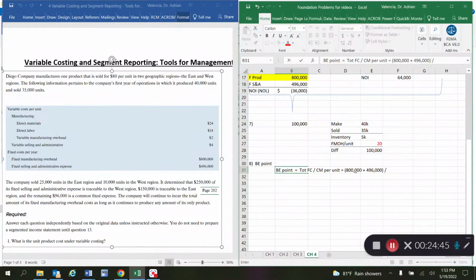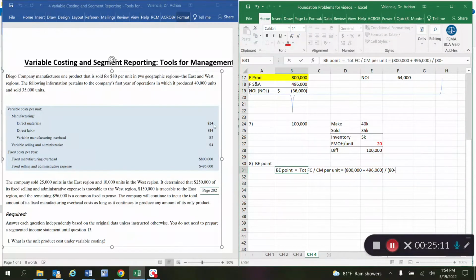And that'll be divided by the contribution margin per unit. I'm just going to do the computation directly in here, but it's basically the sales price minus all variable cost. Okay, so that'll be direct materials, direct labor, the variable manufacturing overhead, minus the variable selling and administrative.